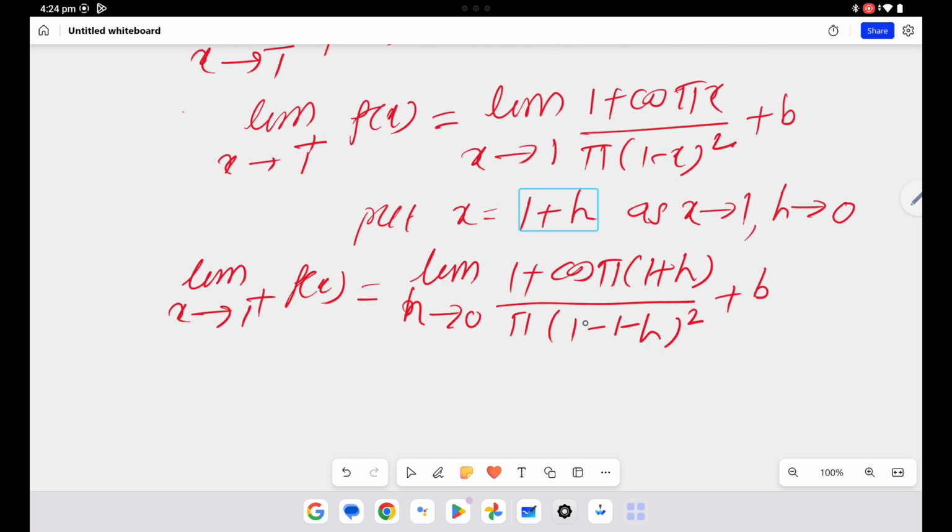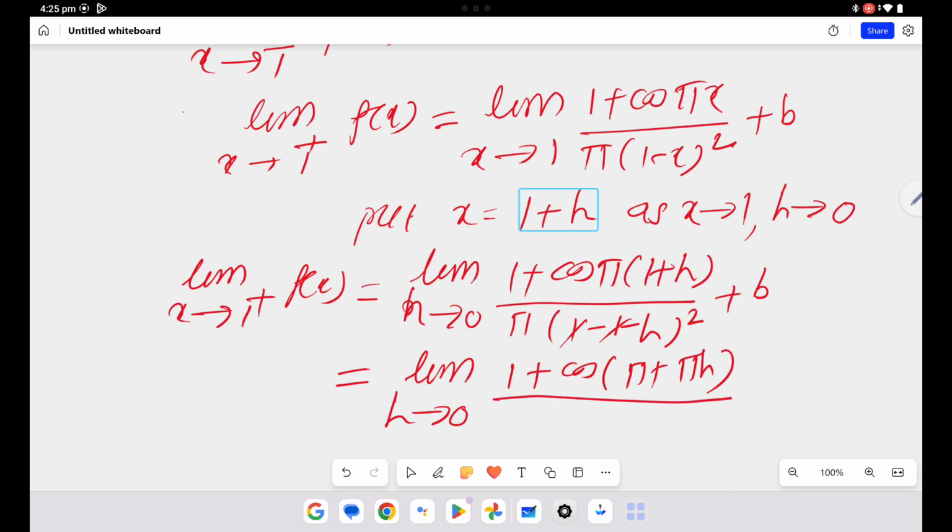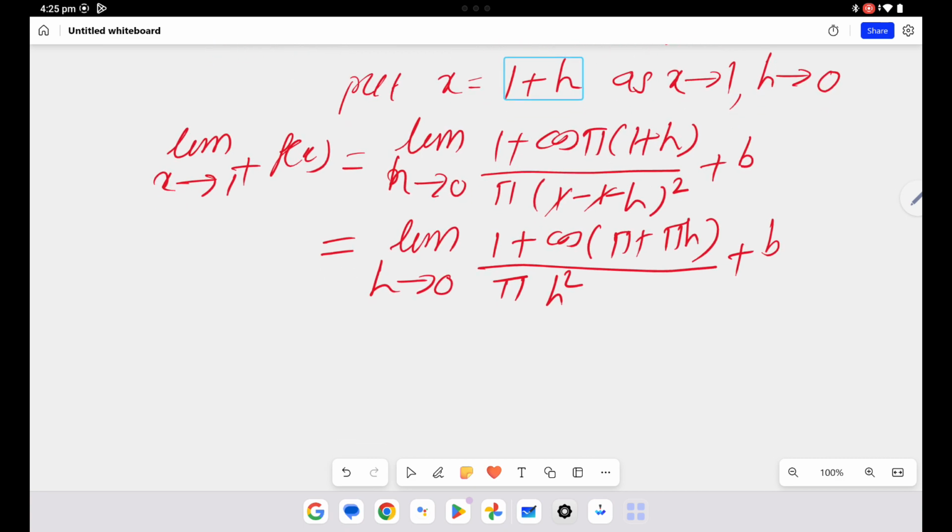Then here the 1 gets cancelled, which is equal to limit h tends to 0 of 1 plus cos, multiply by pi, so pi plus pi h upon this pi, minus h square, so right here h square, plus constant b as it is.